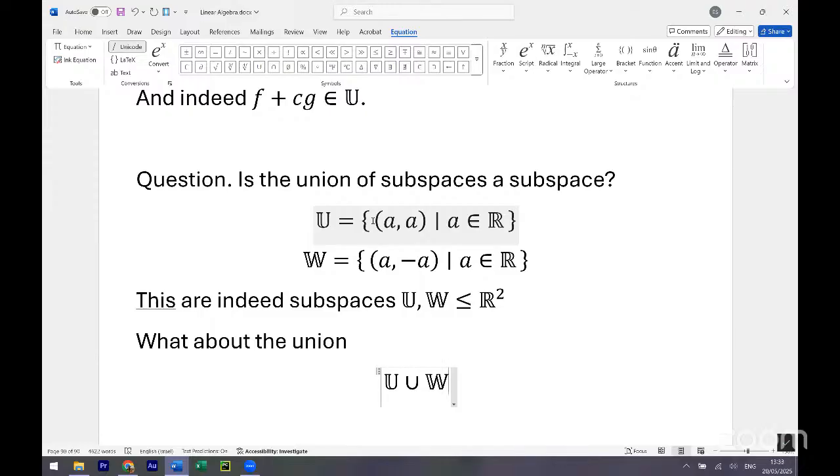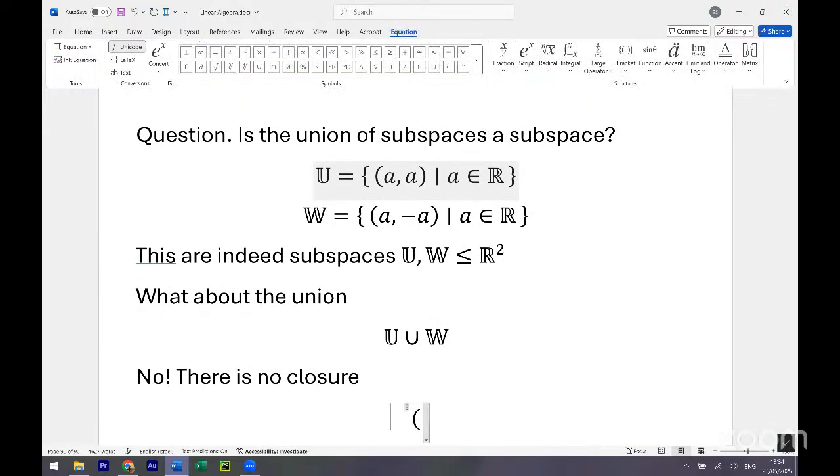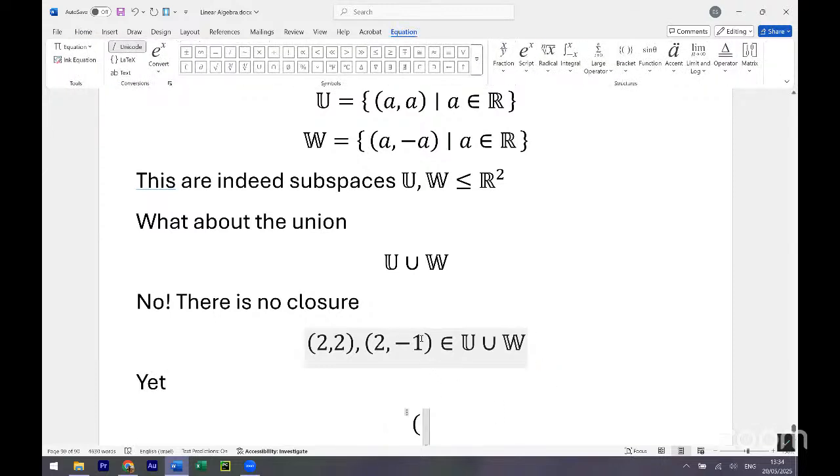So what does it mean? There is no closure. (2, 2) and (2, -2) are within the union, yet their sum (4, 0) is not within the union.